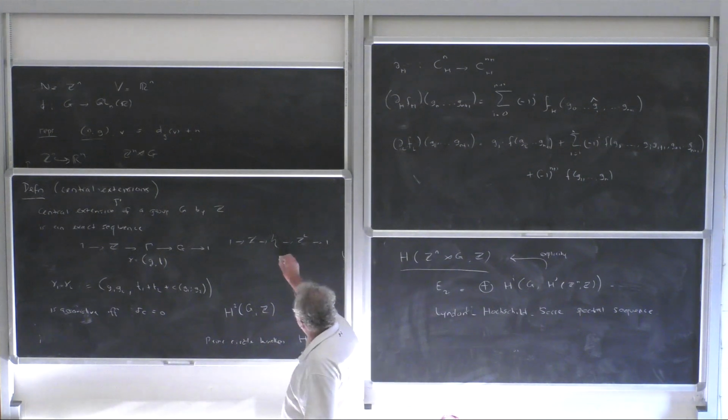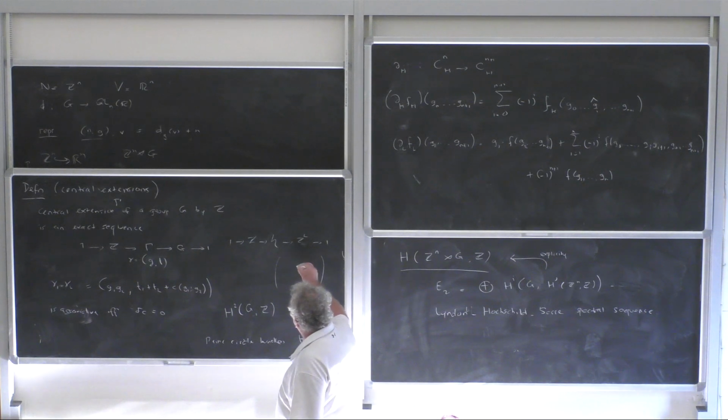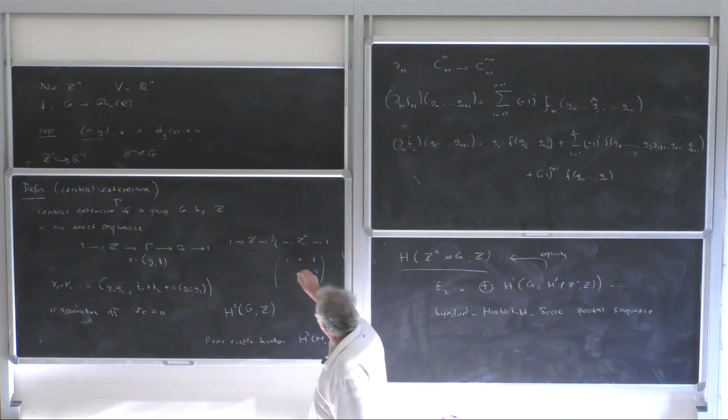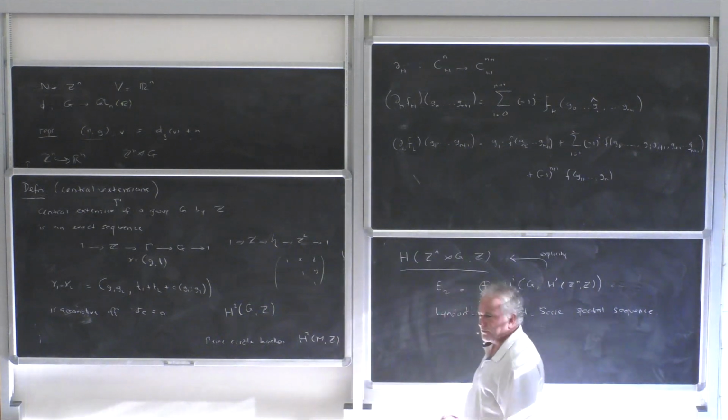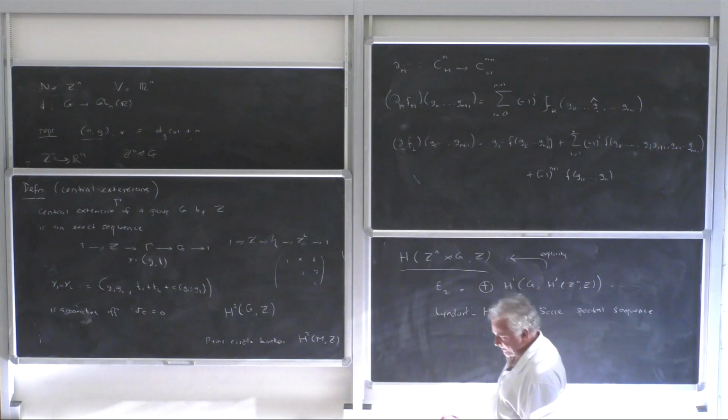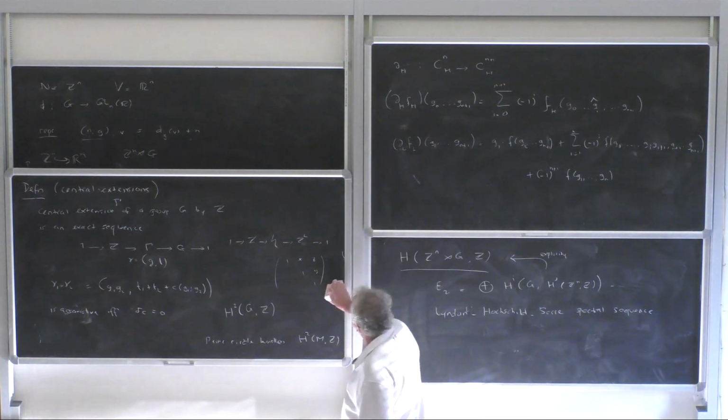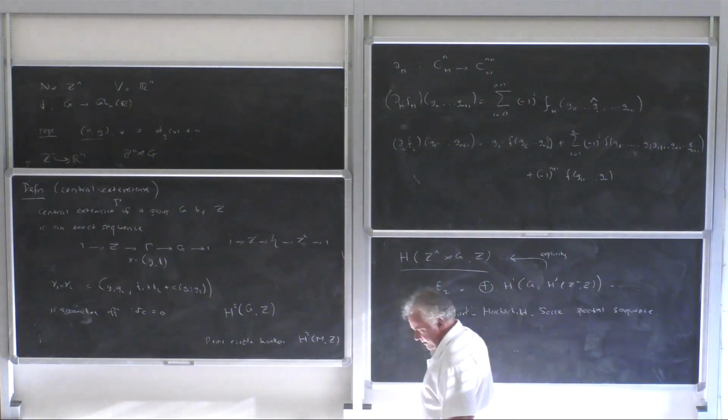But you can think of it, the nilmanifold corresponding to it would be parameterized by 3 coordinates, and you get the corresponding product rules. Okay.